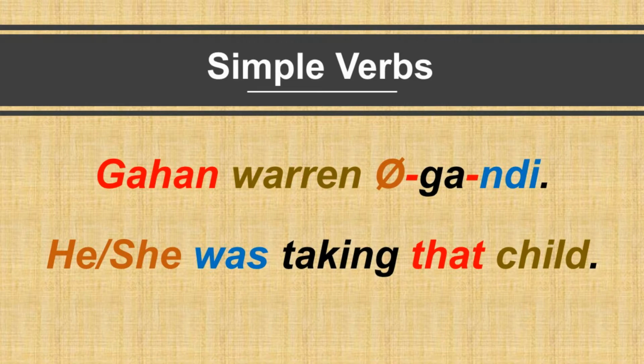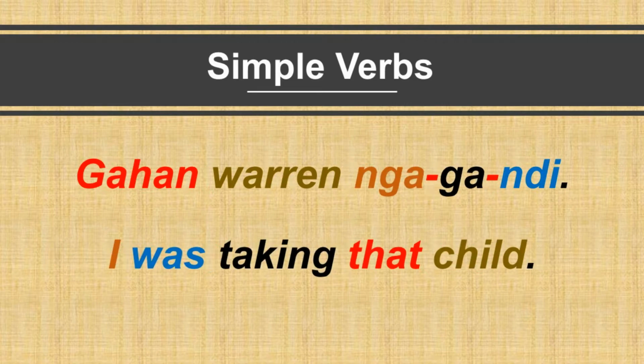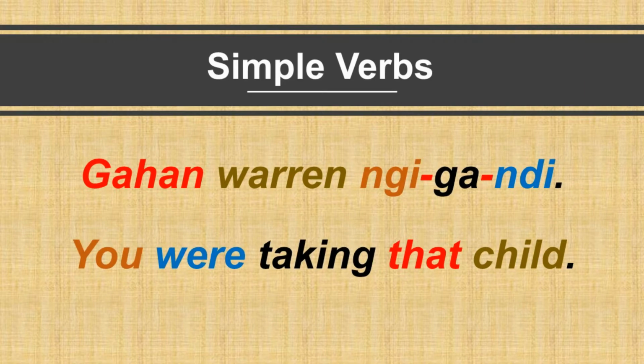We can change the person very easily here. I was taking that child would be gaan waren nga Gandhi. And you were taking that child would be gaan waren ngi Gandhi. Simple, right? Now we want to change the one past tense to the other past tense.